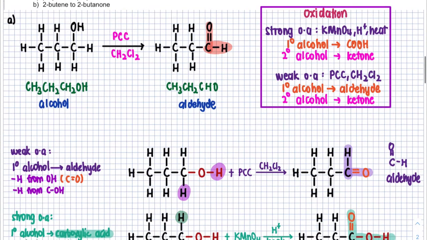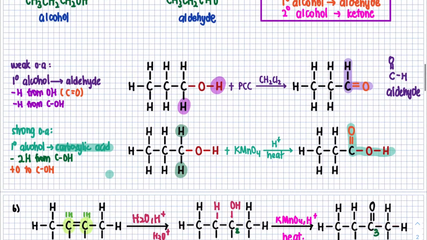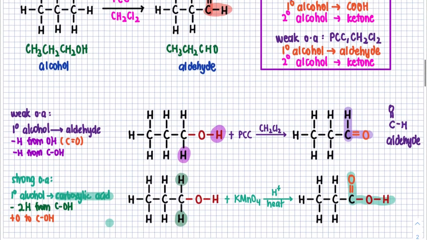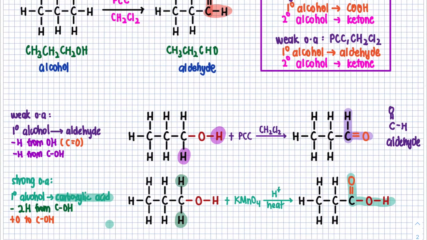Okay, so again, just a quick revision. So kenapa for the oxidizing agent, kalau weak oxidizing agent, primary alcohol akan jadi aldehyde. What happen is that we will remove one hydrogen from our OH itself and one hydrogen from the carbon containing OH. So contohnya dekat sini, we remove H here, remove H here.